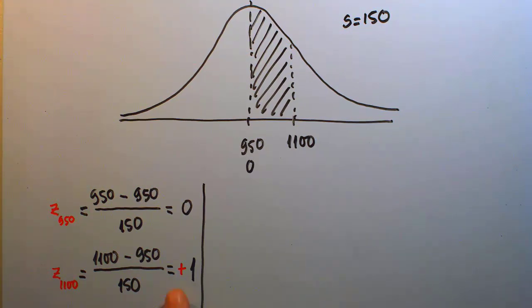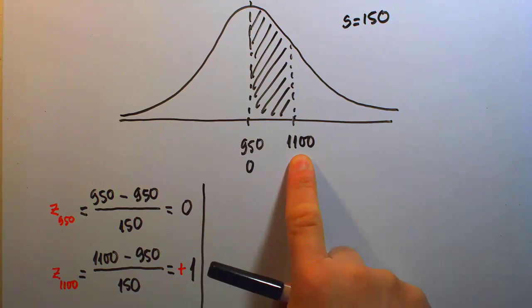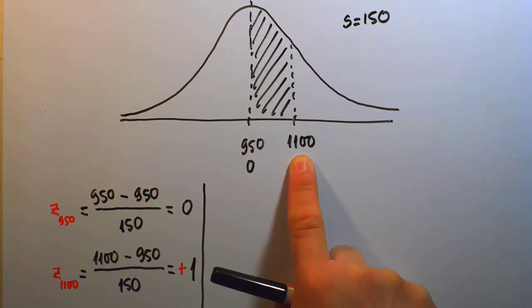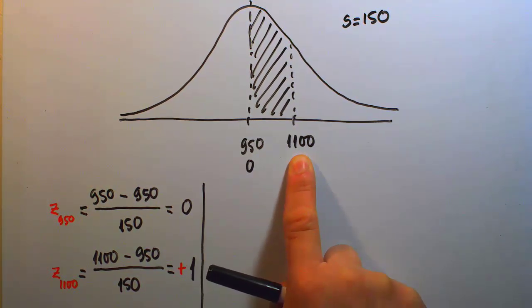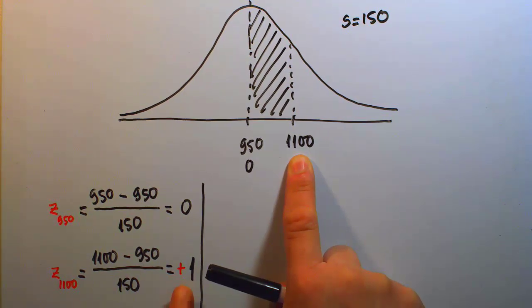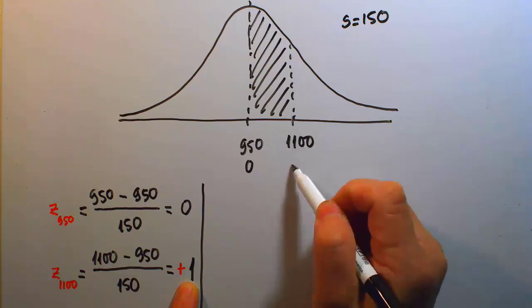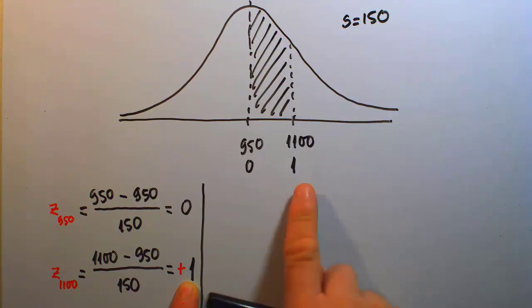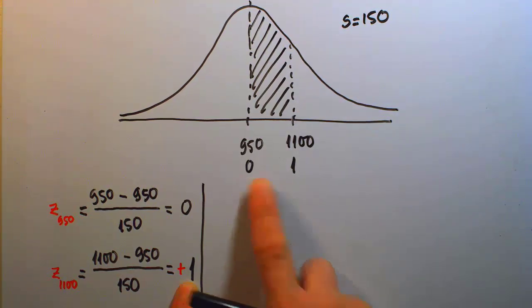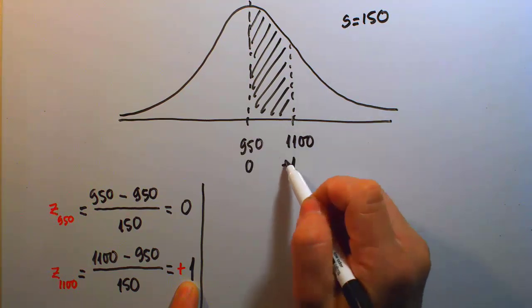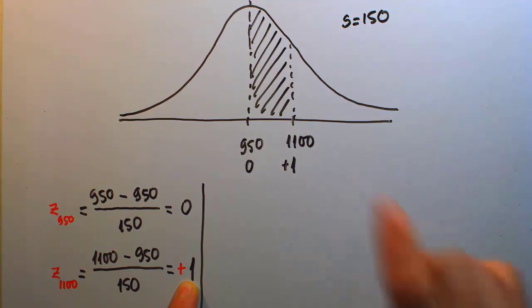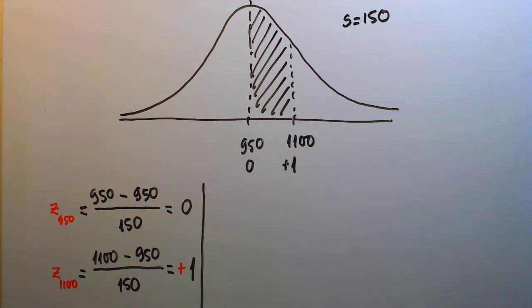But now that means this 1100, at the start we only needed to think of that as the upper end of the interval. But now seeing the z-score here, it's becoming clear that we are exactly in that interval between the mean and one standard deviation above. And so now we are ready to find out our picture over here.